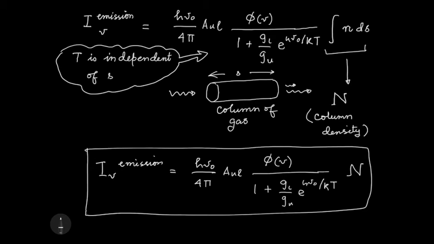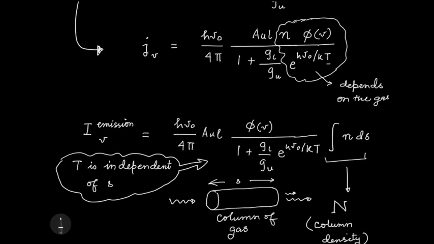And that's a very important observation, because the column density and the temperature are the two things of the gas that you'll be able to figure out from an observation of the emitted intensity.